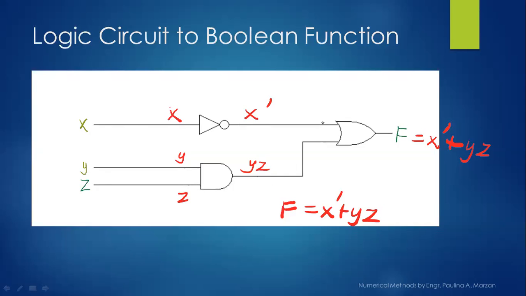So if this is x prime or to y, z, then f is equal to x prime or y, z. So all you have to do is to take the representation of each terminal and relate it to the given gate, and you will get then the function at the end.